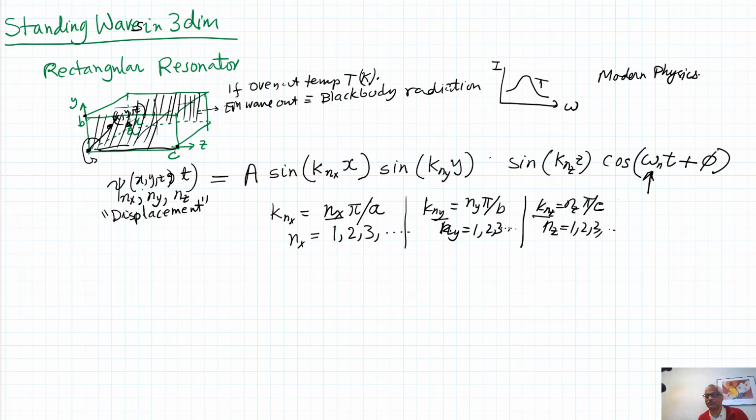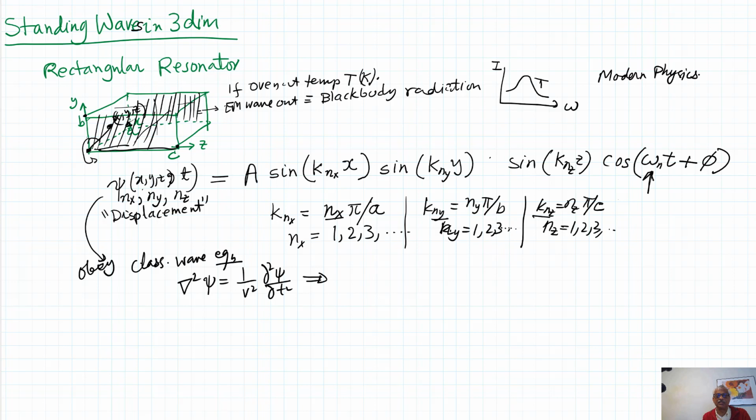So in this mode, what's the frequency? How do I get the frequency? It obeys the classical wave equation, so I plug this into the classical wave equation: del square psi is 1 over v square d square psi dt square.